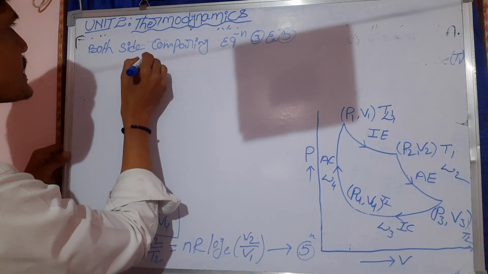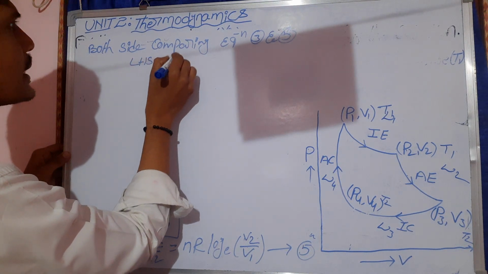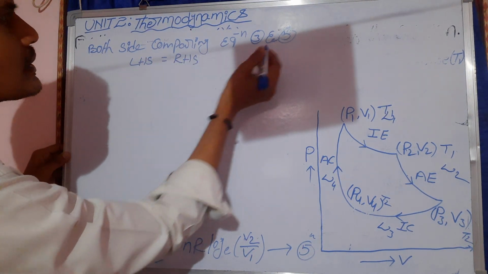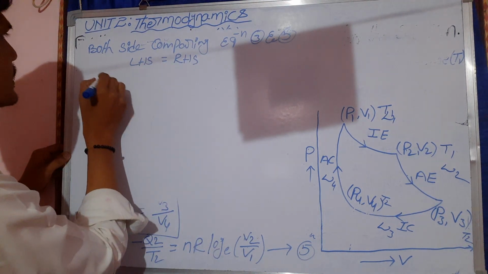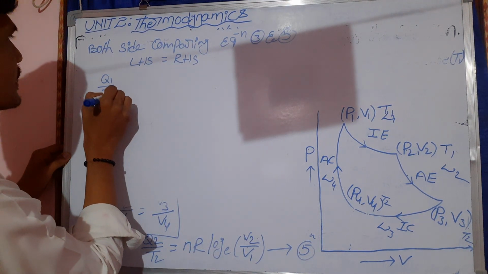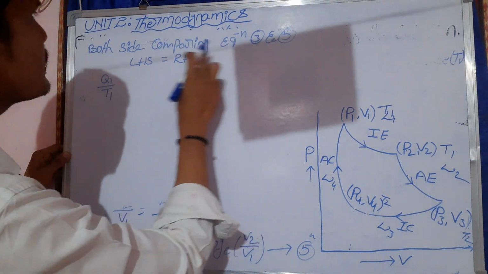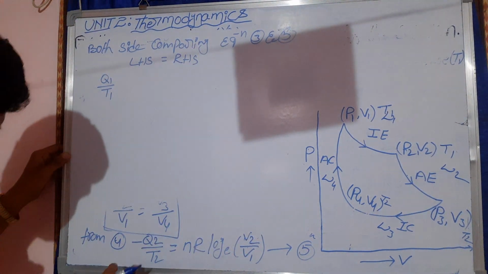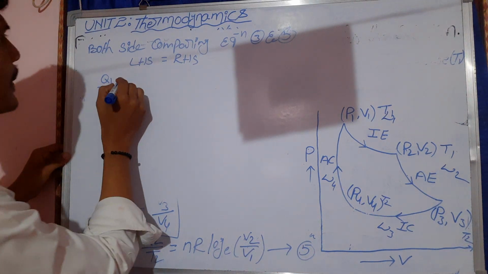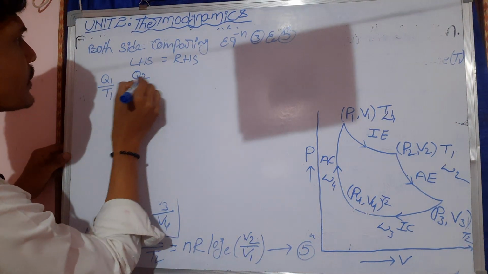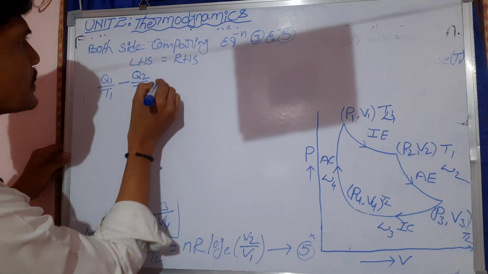Comparing LHS and RHS: the third equation's LHS is Q1 by T1, and the fifth equation's LHS is minus Q2 by T2.